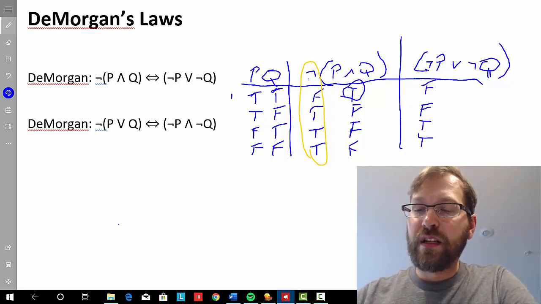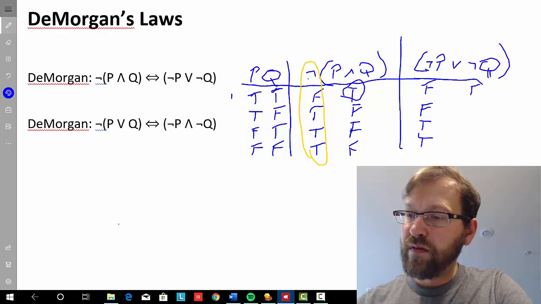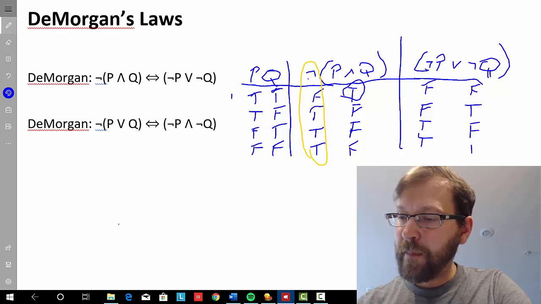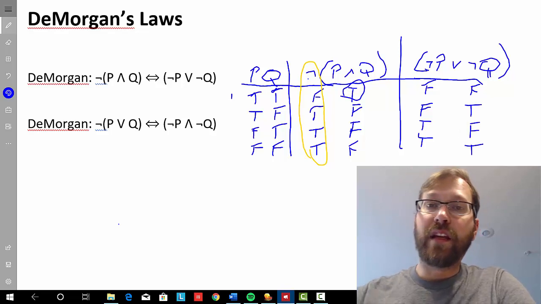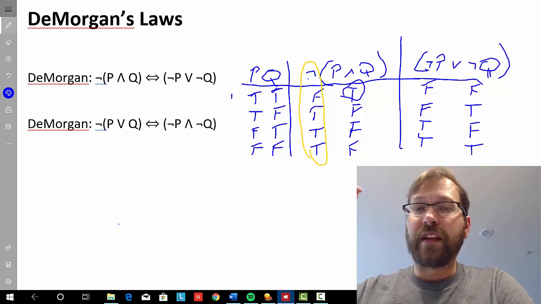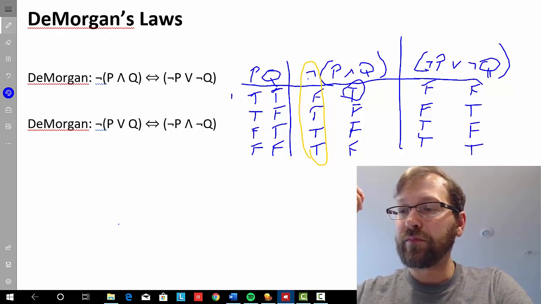And since our Q is TF, TF, and we're negating that, we put in the opposite truth values, so FTFT. And the truth conditions for a disjunction, we said that a disjunction is true if and only if at least one of its disjuncts is true.